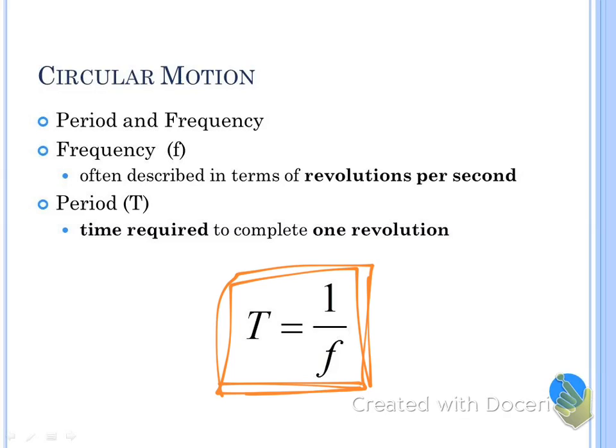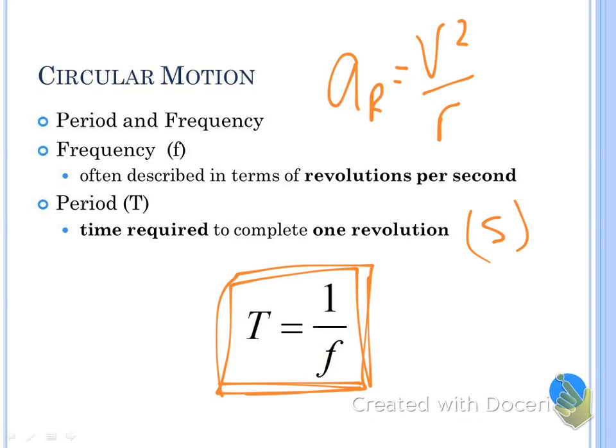You could also go ahead and write down your centripetal acceleration equation if you want, which was a sub r equals v squared over r. So period should be described with what unit? Seconds. Period is a time required, so period should always be in seconds.